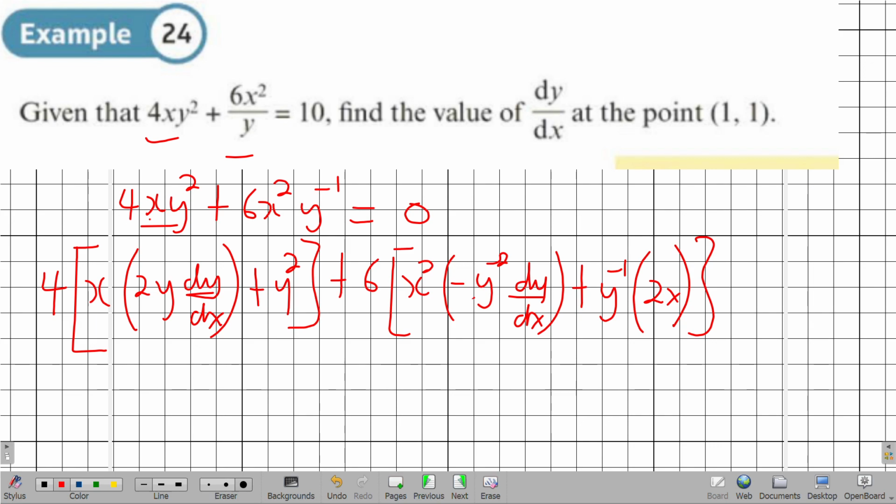The derivative of the constant is just 0.